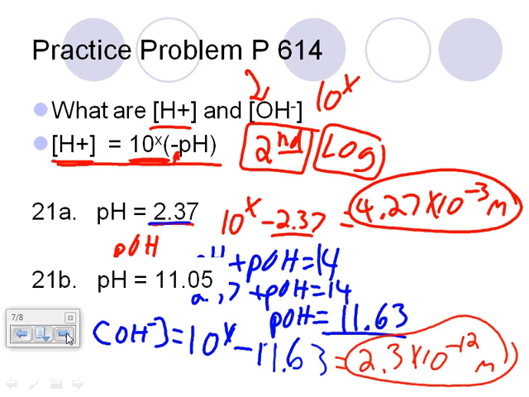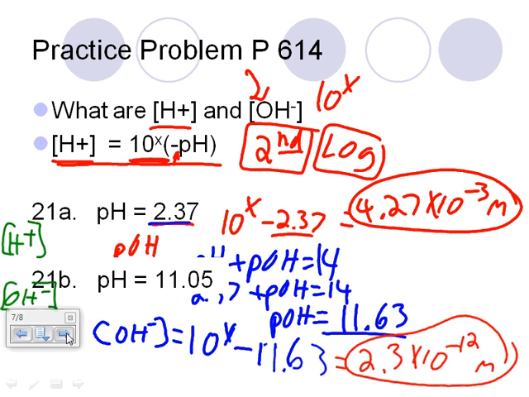Second one for you guys to try. pH is equal to 11.05. You need to calculate the concentration of H plus and OH minus. These square brackets, I think I forgot to mention this, represent concentration of.